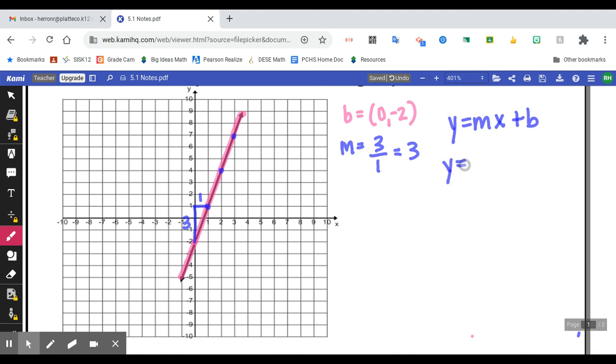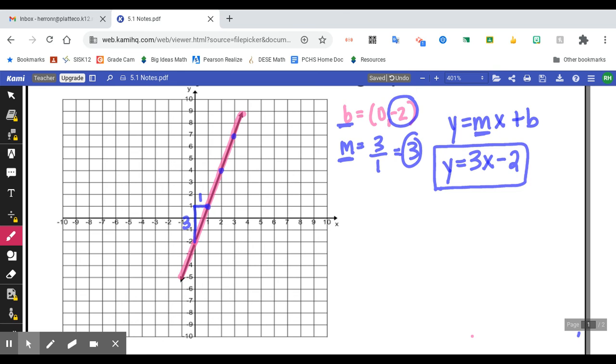So I've got y equals m is 3, so 3x plus b, but this is actually a -2, so I'm going to put -2. And there's my answer, my equation that matches the graph over here. So you get your y-intercept, you find your points, you get your slope. Once you have m and b, you can plug them into the equation where they belong.